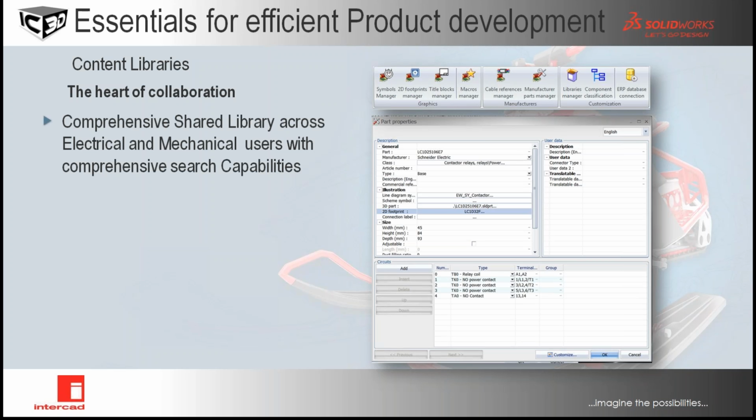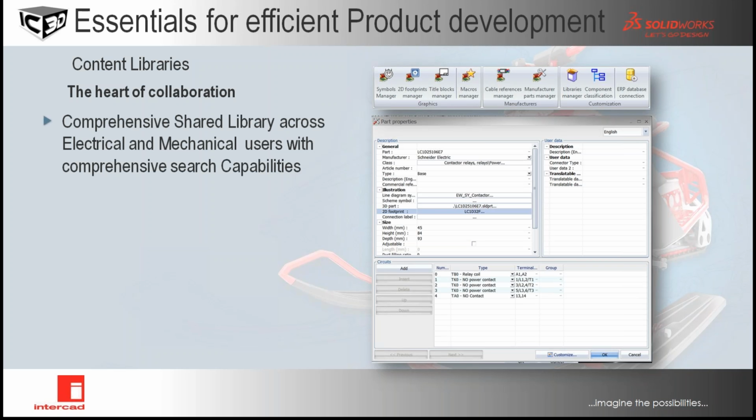So, as I said, very comprehensive libraries of symbols, and not only the symbols, there is a library for the manufacturer parts as well, approximately 500,000 parts from different manufacturers like Allen Bradley, Siemens, Schneider, ABB, and various other manufacturers as well.